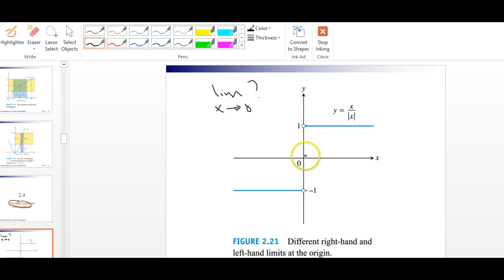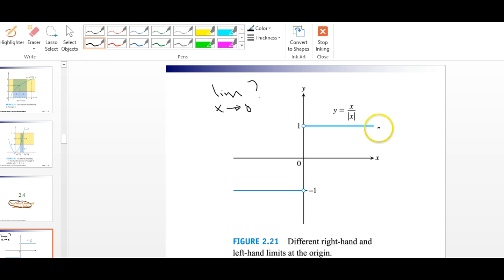Once again, we are not worried about what happens at 0, we are only approaching 0 from the left. Somebody might say, hello, at 0 it is not negative. No, we are not worried about what happens at 0, only what happens when you approach 0 from the left. It is heading towards negative 1.